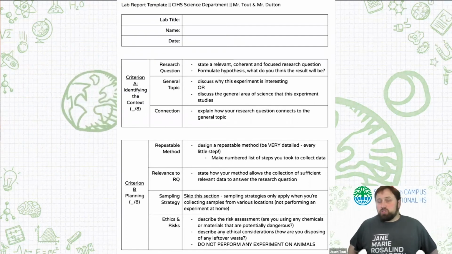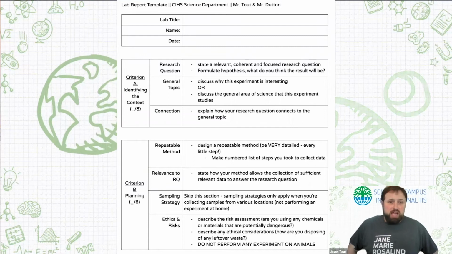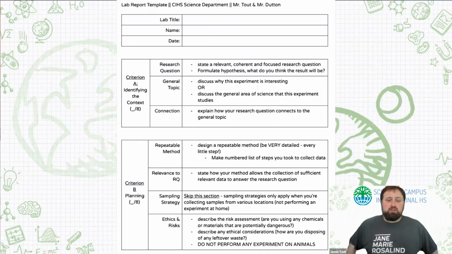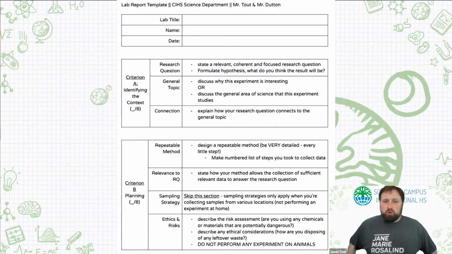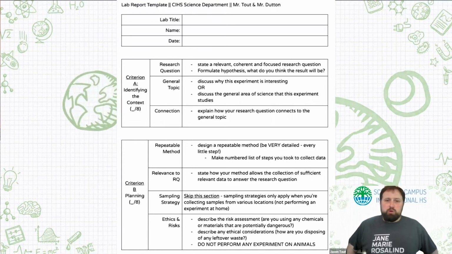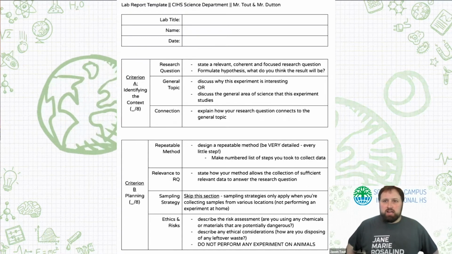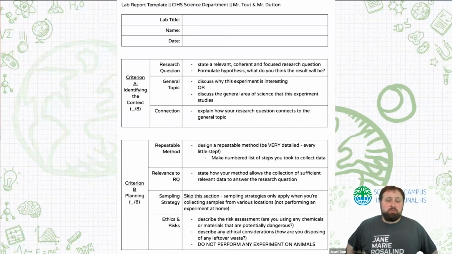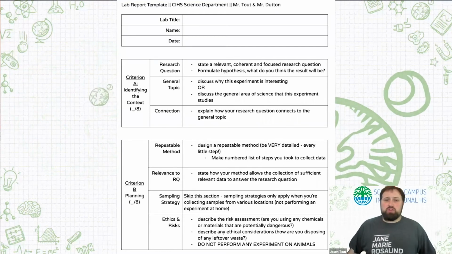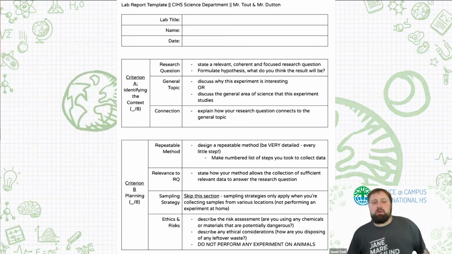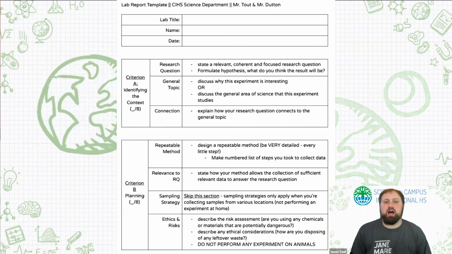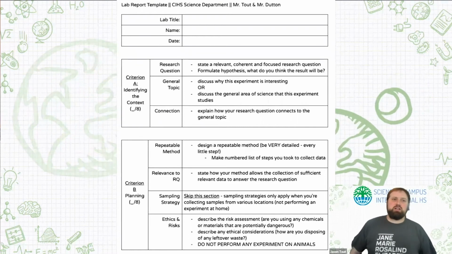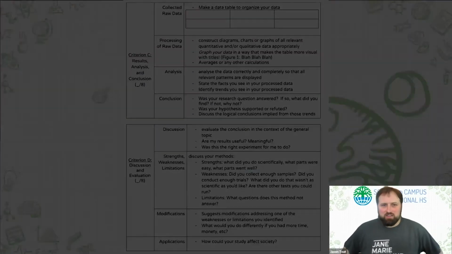Is it going down the drain? Is it going into the trash? Any of those things. And most importantly, you do not want to perform any experiment on animals. You can experiment on plants if it's important to you, but for the sake of this summer project, I recommend just doing things with non-living test subjects.